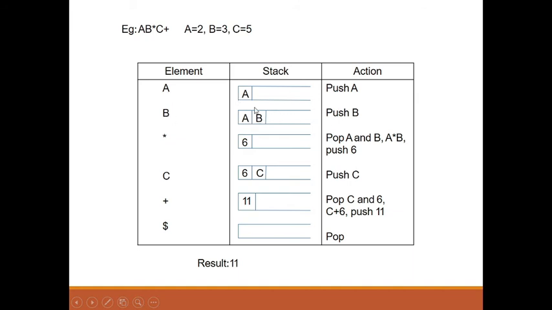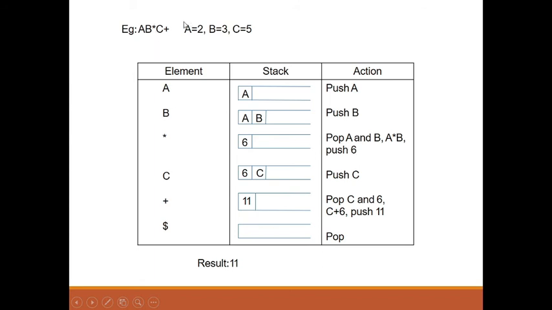The next is the asterisk, so it means that we multiply the first two terms, A and B, which are 2 and 3. If we multiply them, it will give us 6. Then we pop A and B, and now push the result, which is 6.